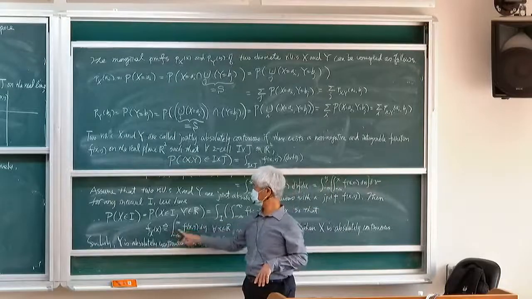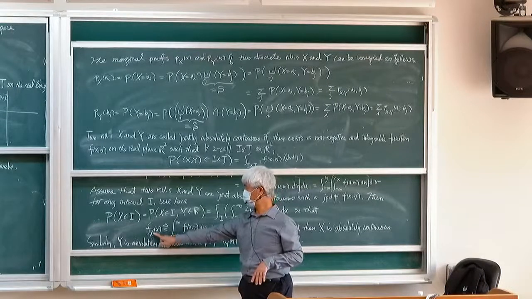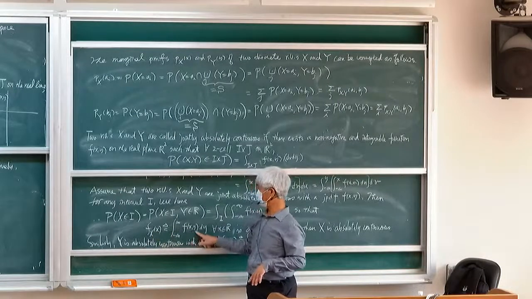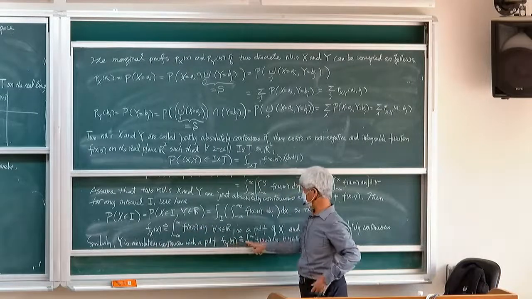To find the PDF of X, you integrate over y. To find the PDF of Y, you integrate over x.